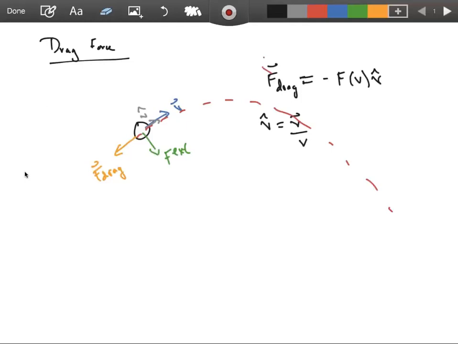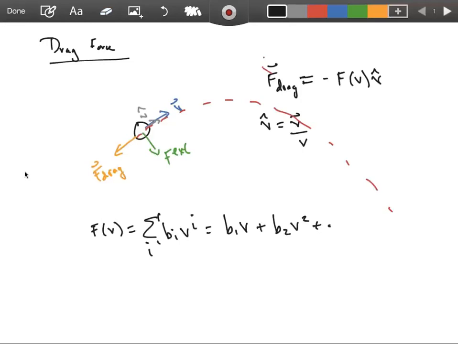So we're going to rewrite our drag force, f of v, as being equal to some Taylor series expansion: the sum over i of v_i, which in our case is the same thing as v1 v plus v2 v squared plus higher order terms.